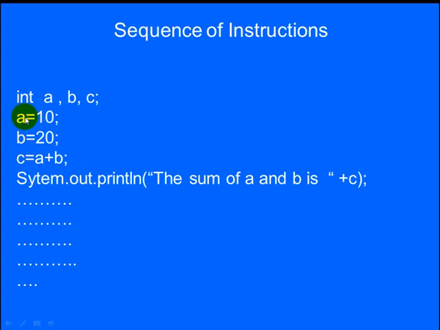Then 10 will be stored in a, 20 will be stored in b, addition will be performed between a and b, and the sum will be stored in c, then it is printed, and so on. So there is actually a sequence of instructions that is followed while executing the program.